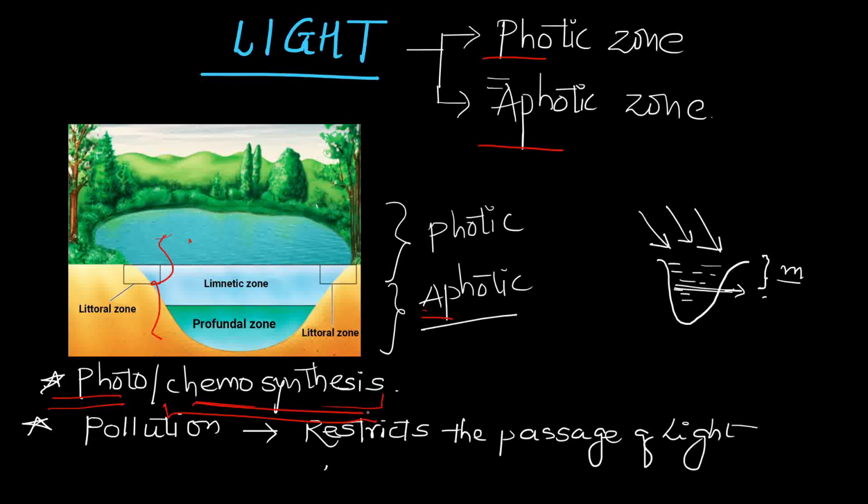Chemosynthesis is the synthesis of food or energy by use of chemicals. So that is the difference between photic and aphotic zone, and that is how light is a very important limiting factor. And when water bodies have pollution, the passage of light is restricted. We'll see how in the next slide.